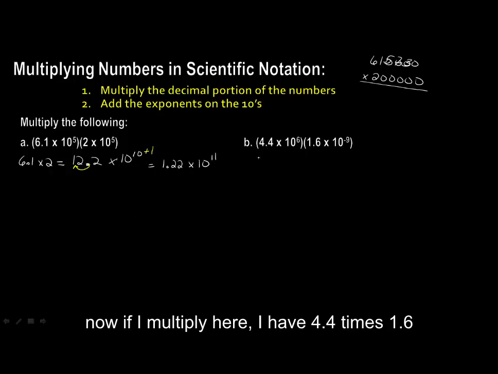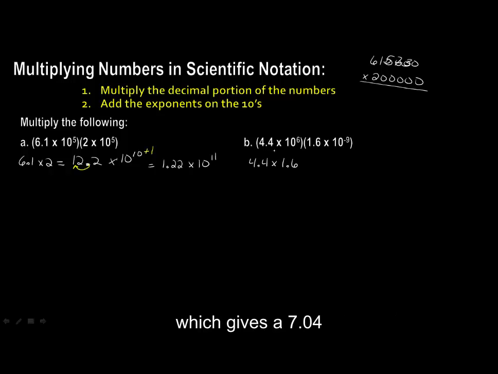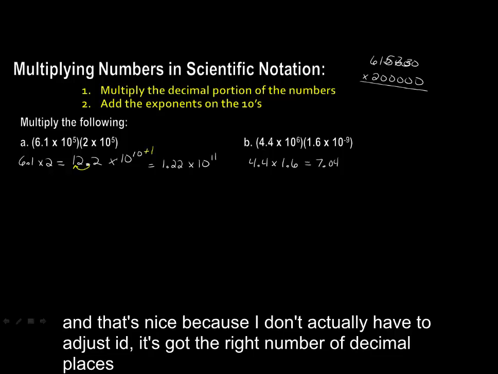Now if I multiply here, I have 4.4 times 1.6, which gives me 7.04. And that's nice because I don't actually have to adjust it. It's got the right number of decimal places.